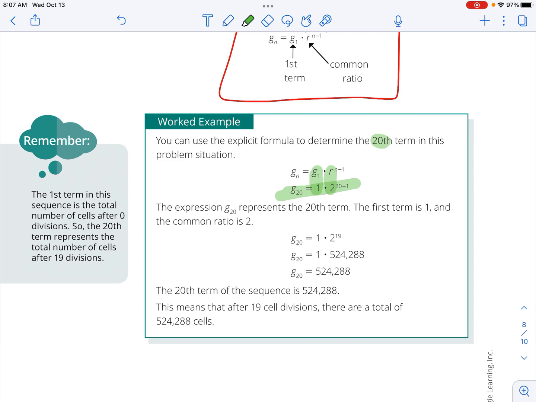To get the 20th term, I plug in 20 minus 1 for n, and I go to my calculator and punch in 1 times 2 to the 19th. 2 to the 19th is a pretty large number. Times 1, it gives you itself. So on the 20th term, we have 524,288 cells. And that means we had 19 cell divisions happening.